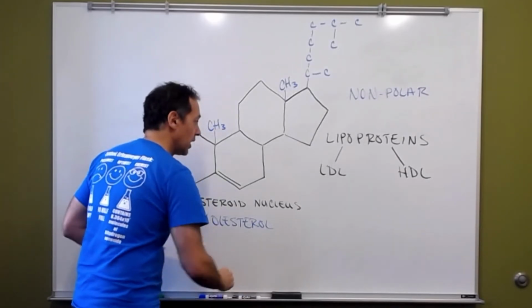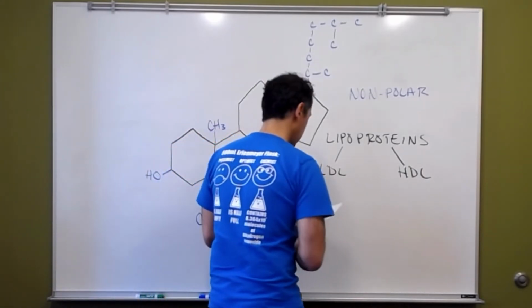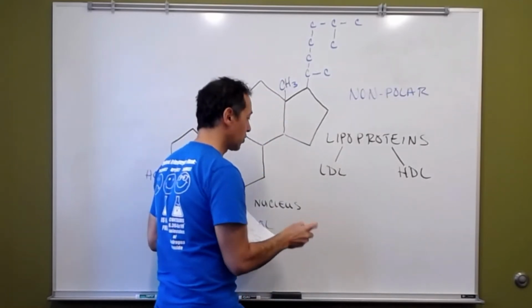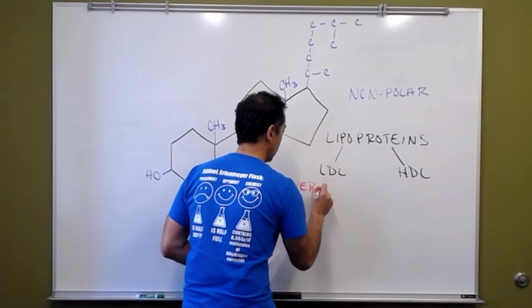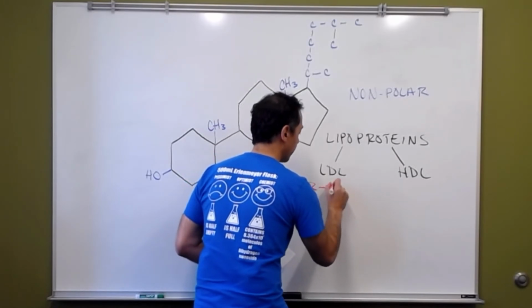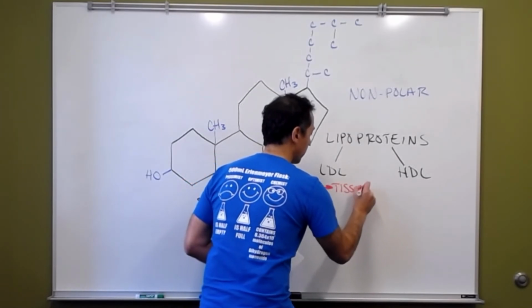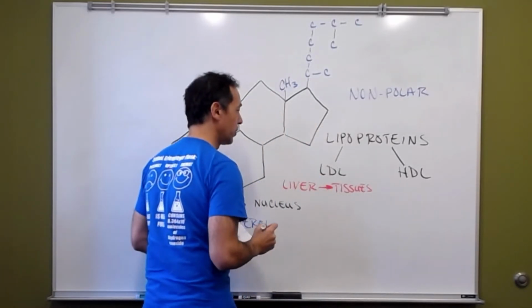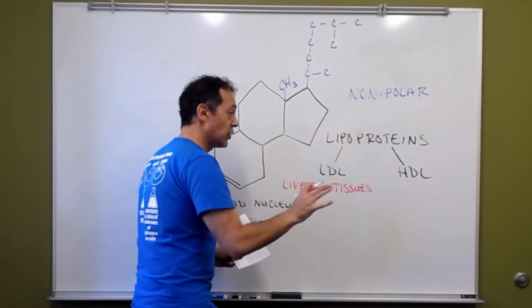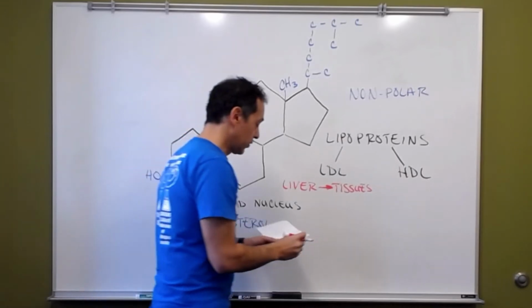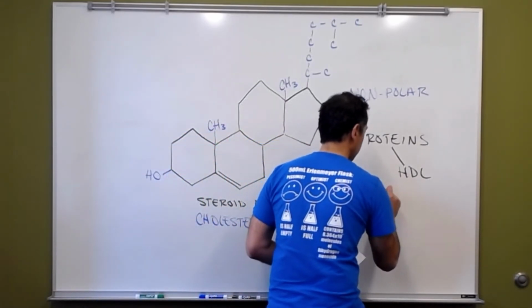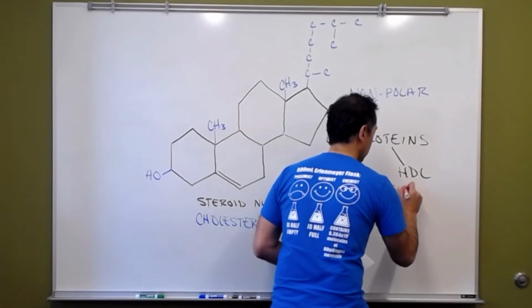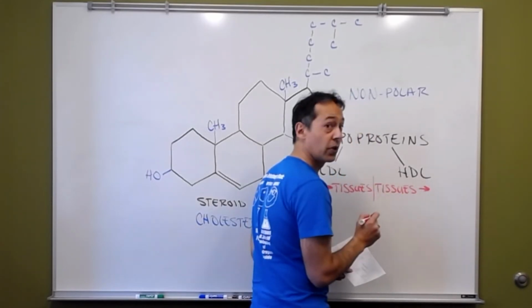Now the LDL, low density lipoprotein, this is going to take cholesterol from the liver to the tissues. And HDL is going to do the opposite of that. It's going to take cholesterol from the tissues to the liver.